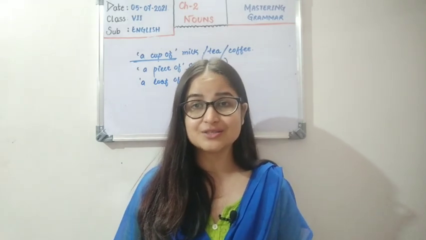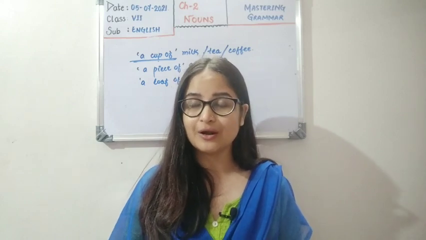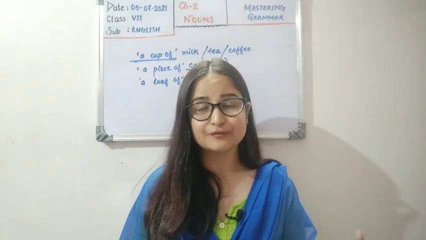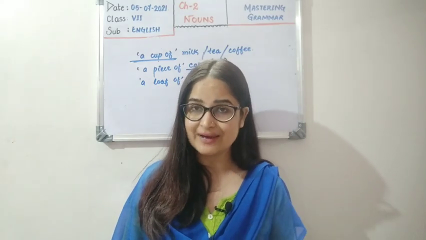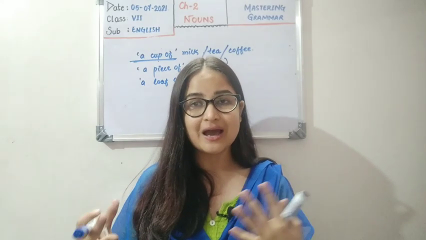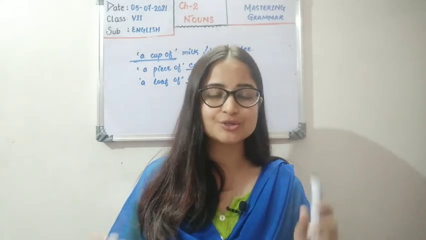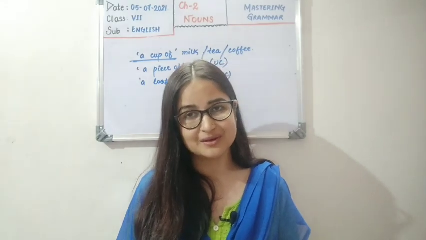If I ask you whether a particular noun is countable or not countable, you have to first identify its kind. You have to first identify its type. After you identify the type, only then will you understand whether it is uncountable or countable. Now children, you should remember material nouns are always uncountable nouns.